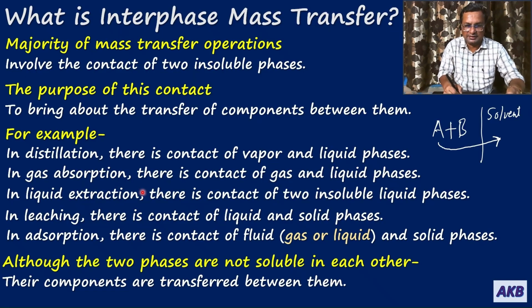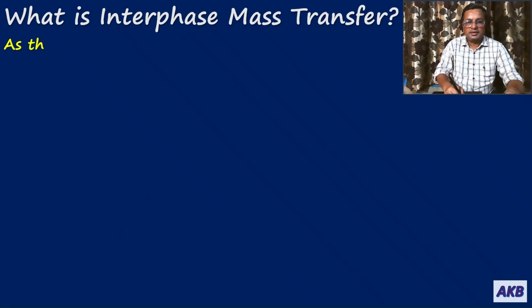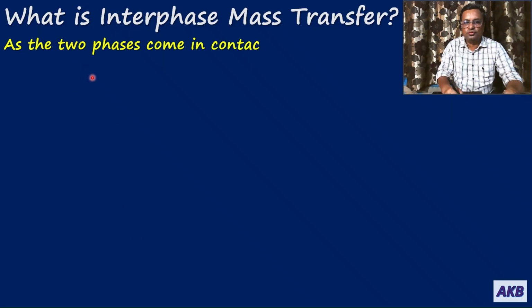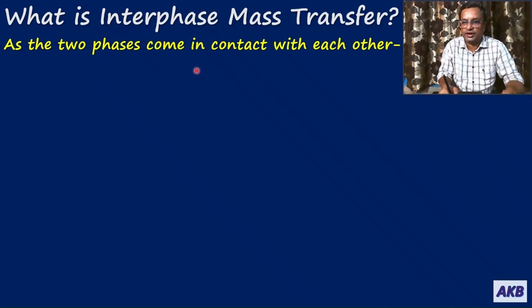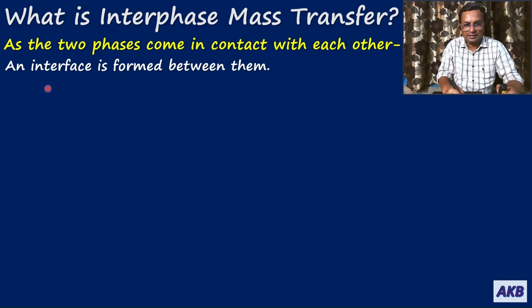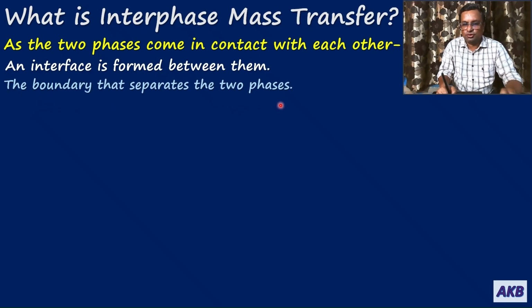So let us move on. As you bring the two insoluble phases in contact with each other, what happens? The first thing that happens is an interface is formed between them. What is an interface? An interface is a boundary that separates the two phases.